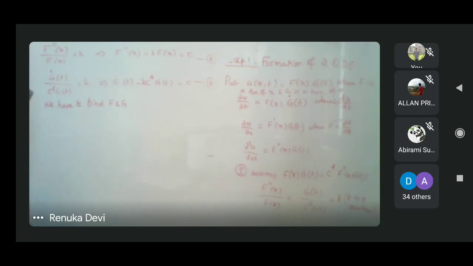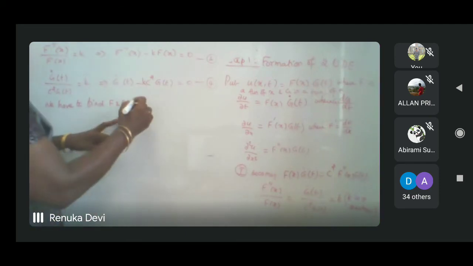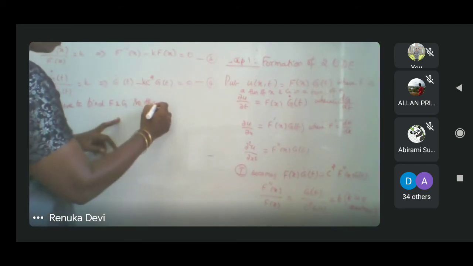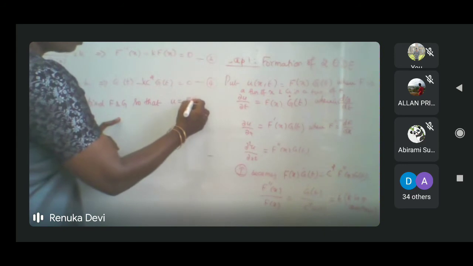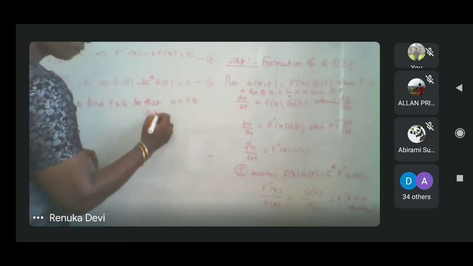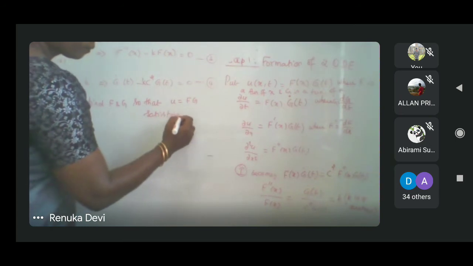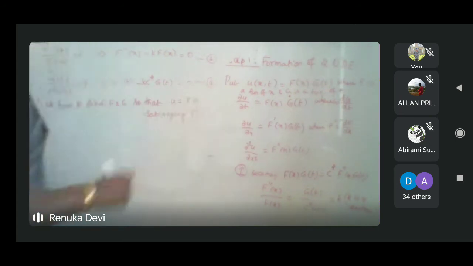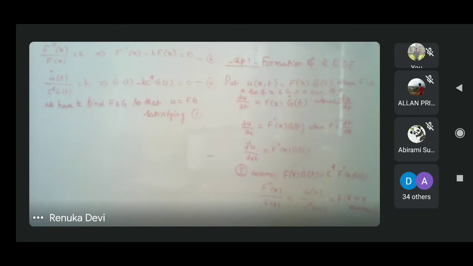Okay. So we have to find f and g so that u equal to fg, as we have taken, satisfying the boundary condition 1.